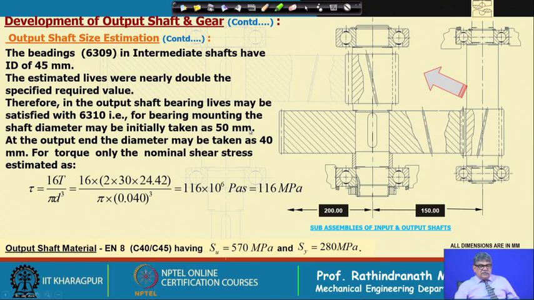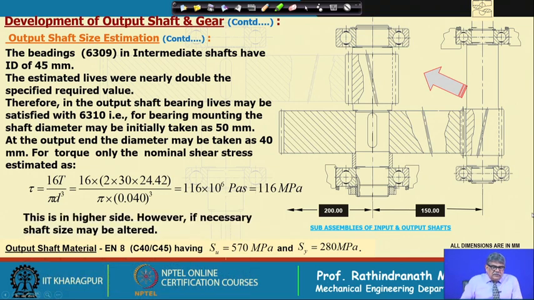With that, the shear stress comes to 116 megapascals, and the material is medium carbon steel, so this is on the higher side. However, if necessary the shaft size may be altered. But still, with the nominal torque the stress will be half of that, around 58 megapascals, and the yield strength is 280 megapascals, so probably there will be no harm if we use the same diameter and the same material for the output shaft.